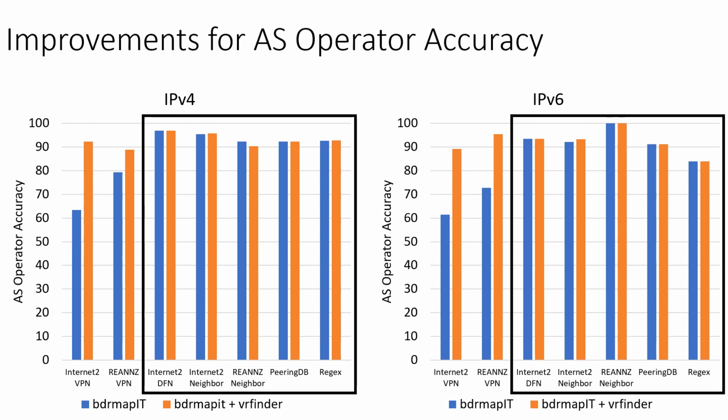And then second, we evaluated bdrmapIT's accuracy for default forwarding addresses in 5 other validation datasets. And our modifications had nearly no effect on these inferences, showing that our modifications properly discriminated between outbound and normal traceroute responses.